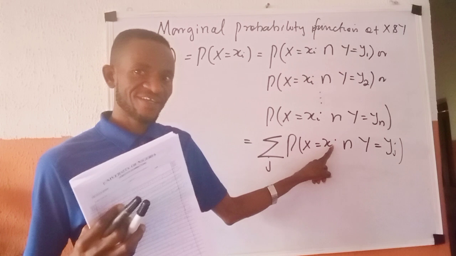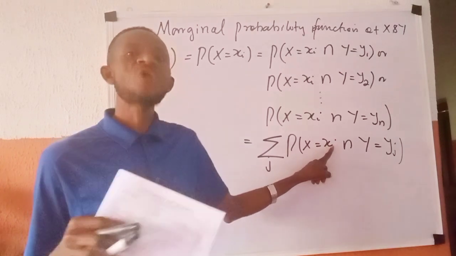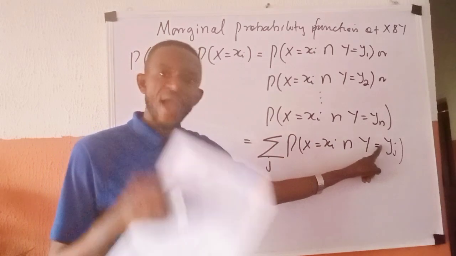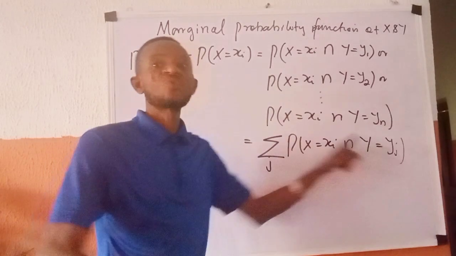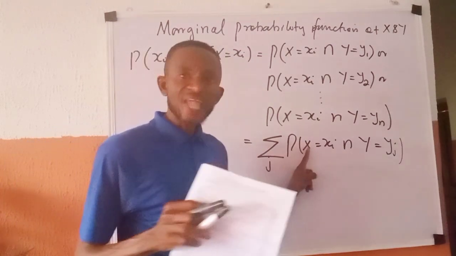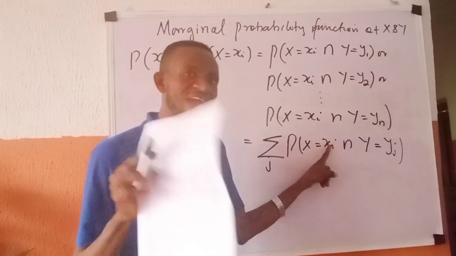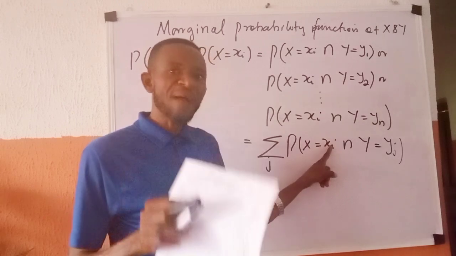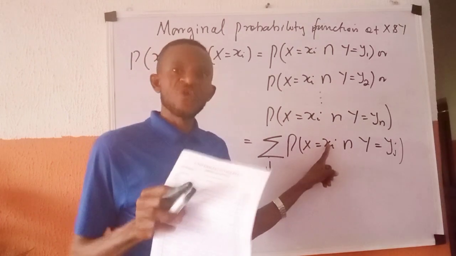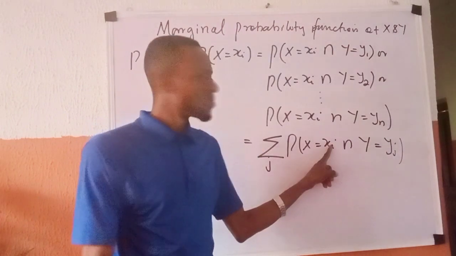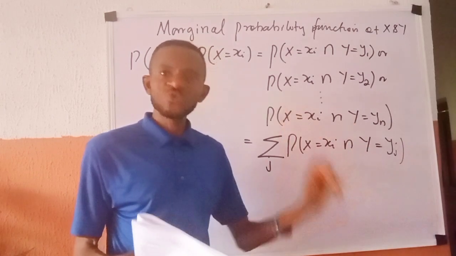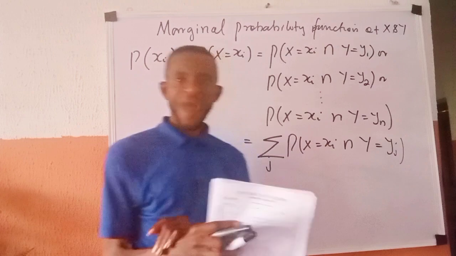When this random variable x takes a value x_i, we now get its probability alongside when y takes the value y_1, y_2, y_3 down to y_n. For instance, if x takes a value 1, the marginal probability of the random variable x taking a value 1, we get it alongside when y takes a value y_1, y_2, y_3 down to y_n.